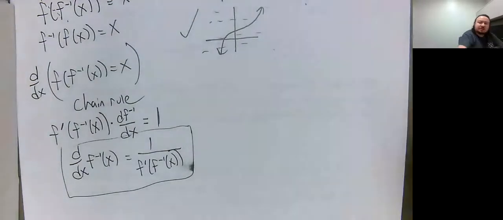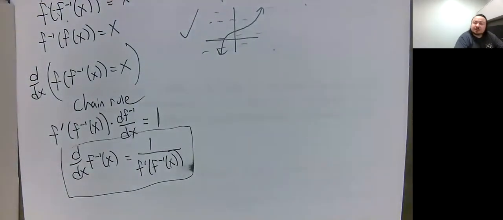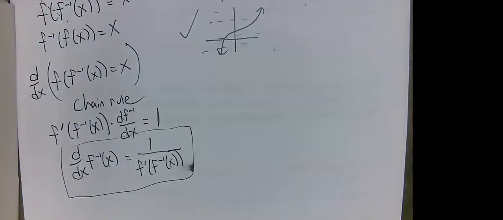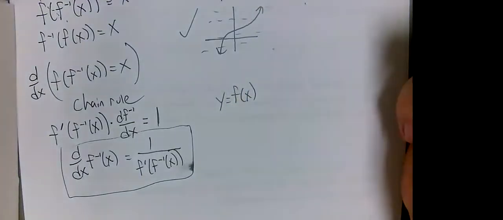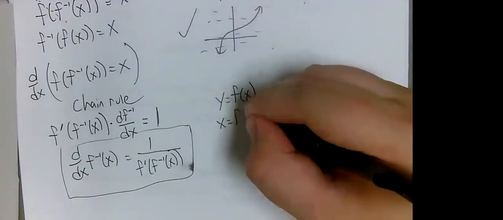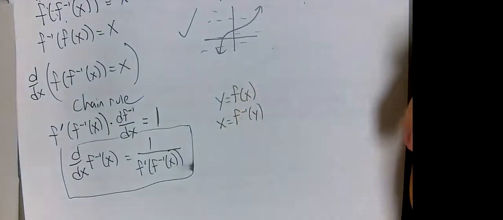All right, now another way that we could view this is by using Leibniz notation. So if y is equal to f of x, then x is going to be f inverse of y.